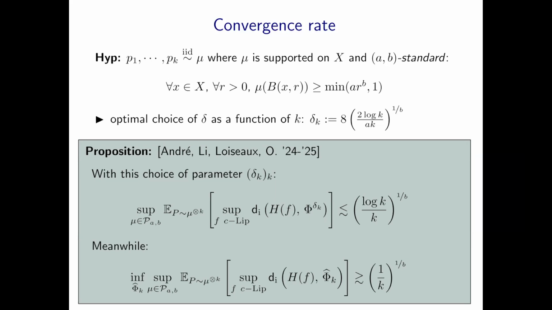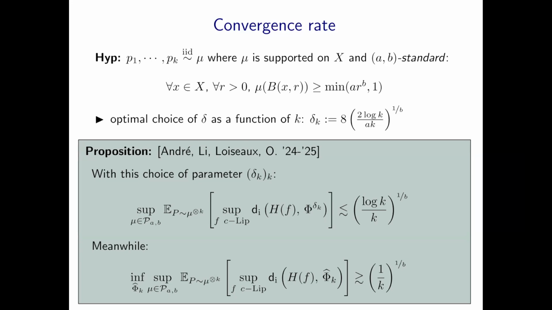But if we know that, then we can set delta to this optimal value, which is of the order of (log k over k) to the 1 over b. Here b really acts as the dimension. If you assume your measure is the uniform measure on some manifold of dimension b, then this is the same b as you will see here. Under this assumption, we can choose this optimal delta, and we get these deviation bounds, I mean convergence rates. Sorry. And so you see that the convergence rate is bounded.